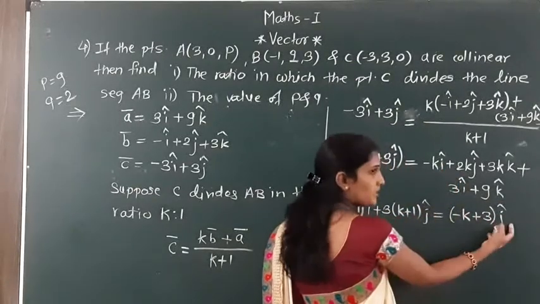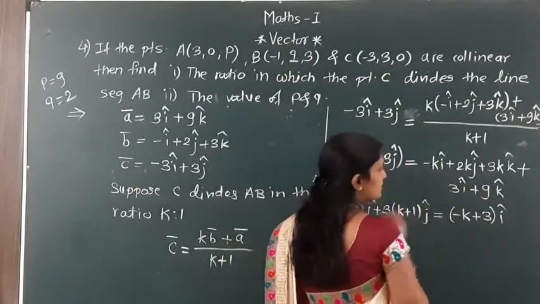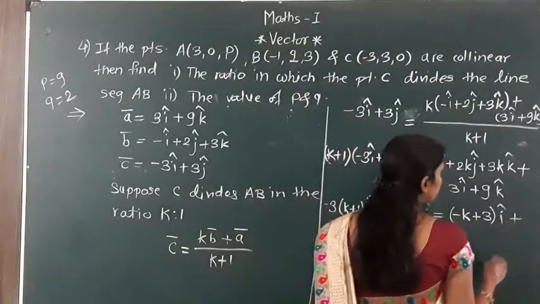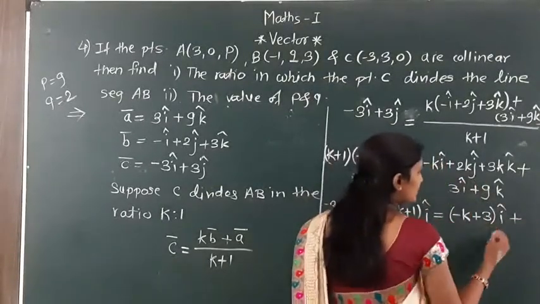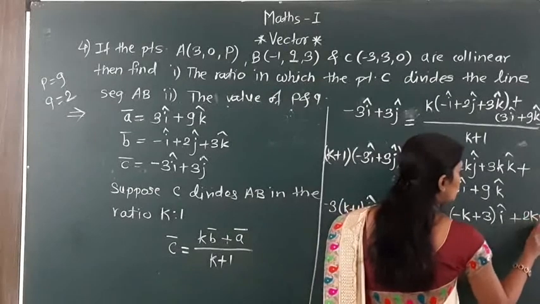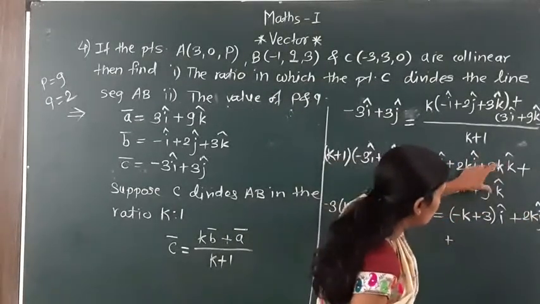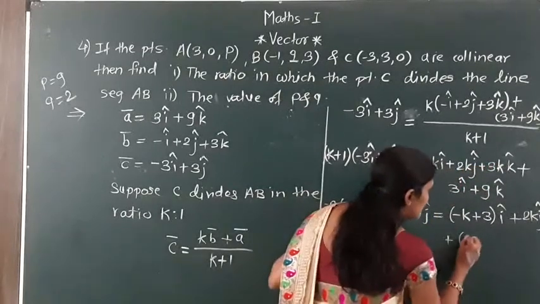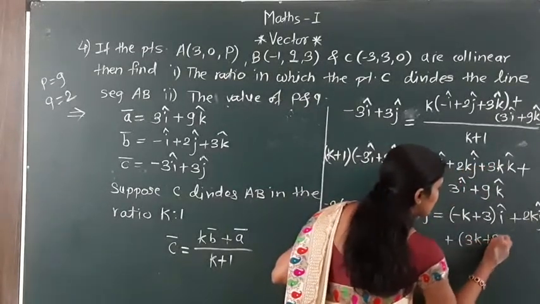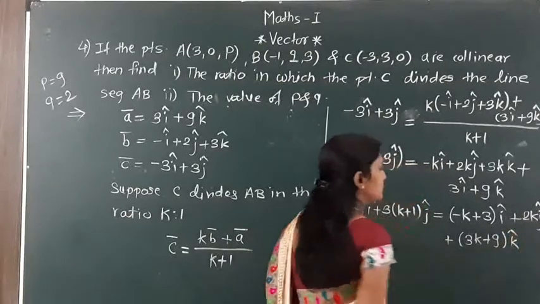Similarly, j cap term is single, so write as it is, 2k j cap, plus get common k cap from these two terms, we will get 3k plus 9k.